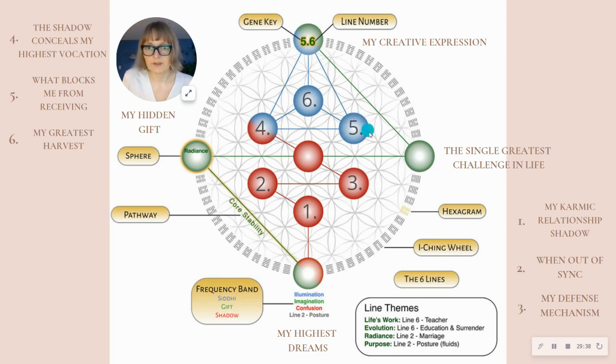Then we have number five, and it's called culture. This is how we best fit into the social fabric of the world. It's so funny, because the shadow here really tells us what blocks us from manifesting, how we are blocking ourselves from receiving.